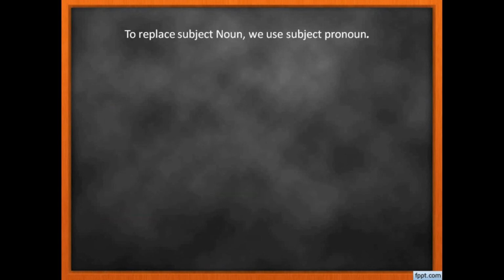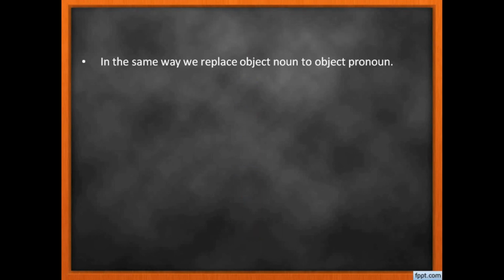So to replace a subject noun, we use subject pronouns like I, we, you, he, she, it, they. In the same way, we replace an object noun. We can use object pronouns like me, you, us, him, her, them, it.